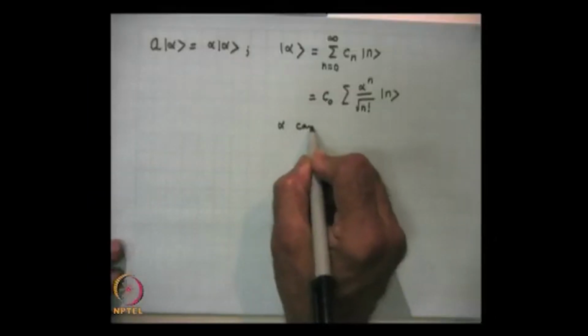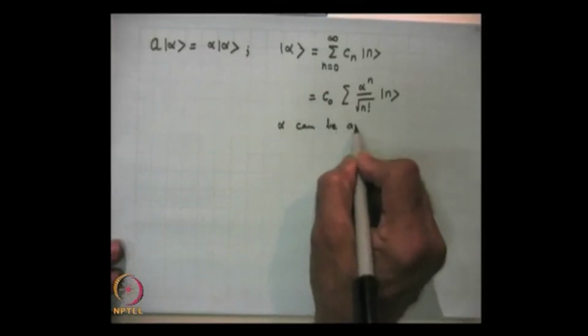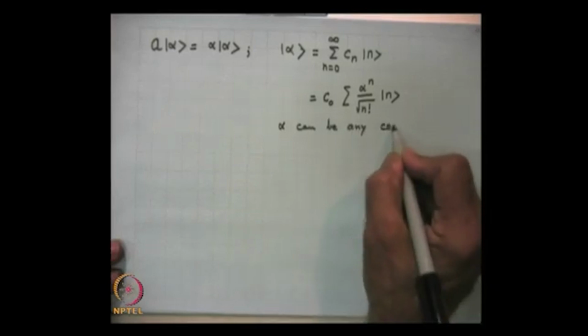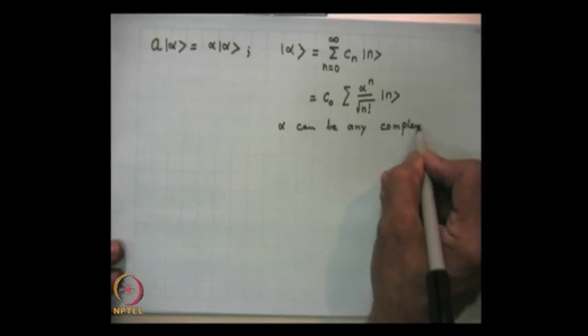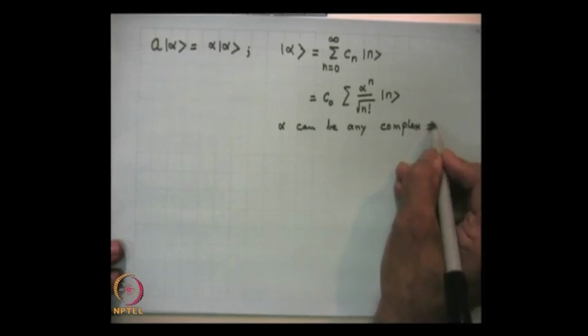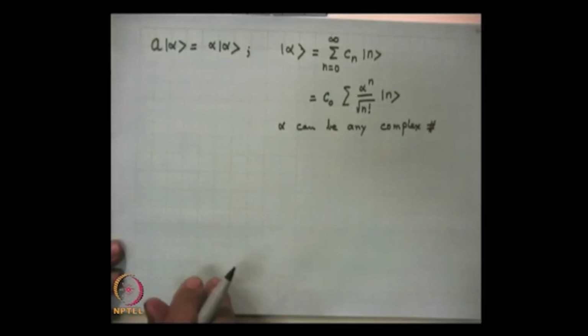A and A bar are not equal, and we have the complete set of complex numbers that could be its eigenvalue. So, alpha can be any complex number. The number set we usually denote by this.